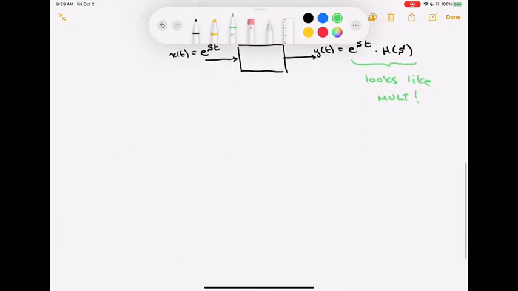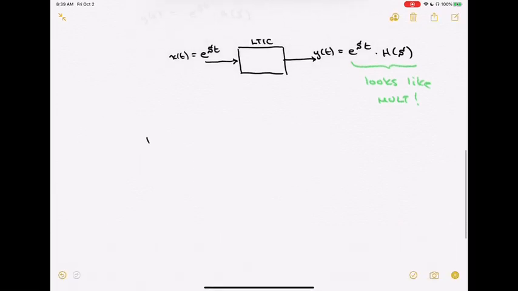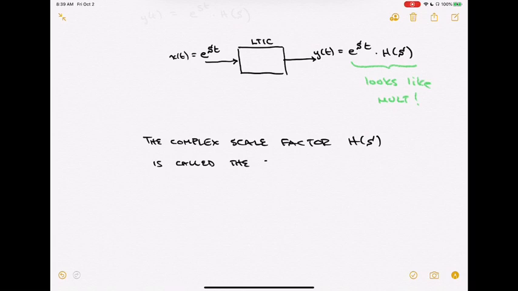Okay. So let's go ahead and summarize something about that complex scale factor. The complex scale factor H of s is called the system function.